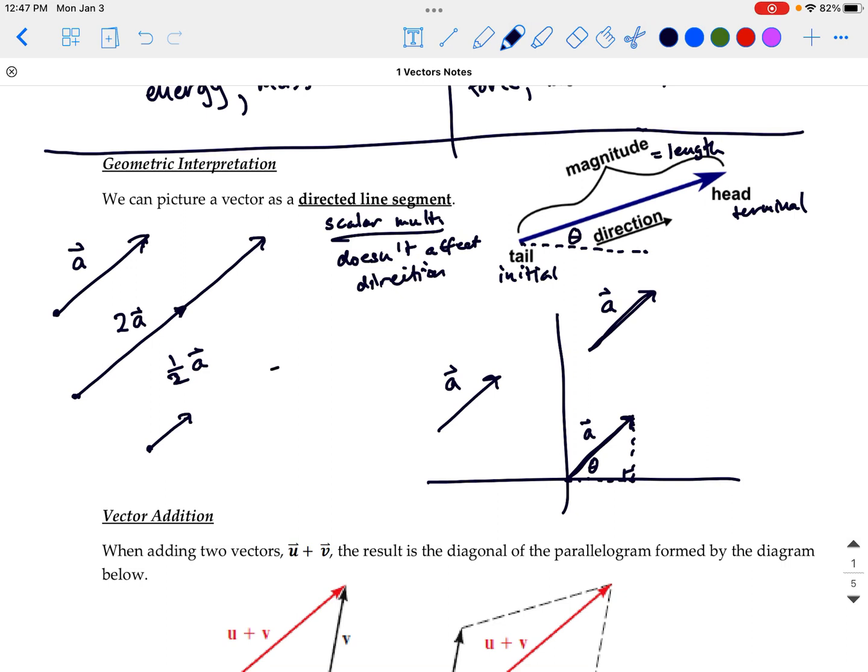And then we can also think of, well, what if I multiply by a negative? So let's say I wanted negative A. Well, in this case, this negative, this reflection sort of operation, is going to take our vector, and it's still going to look exactly like it did before, but it does change the direction.